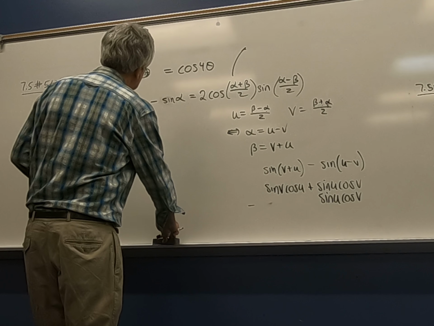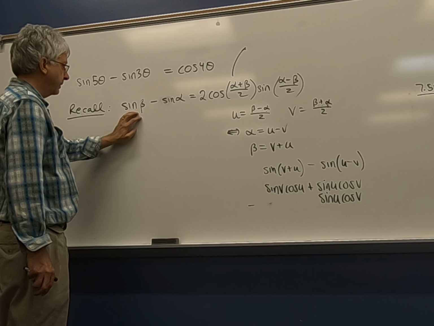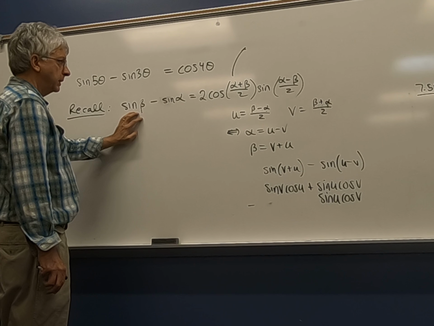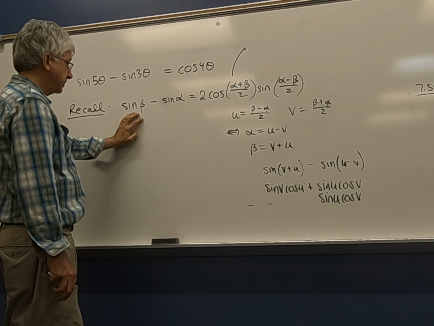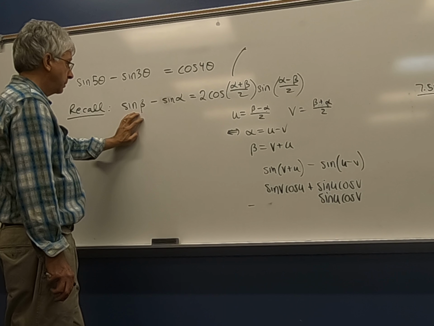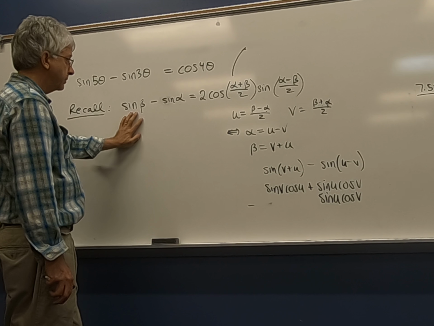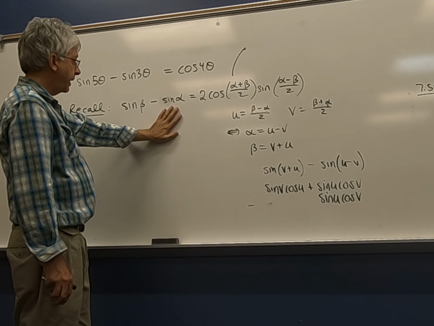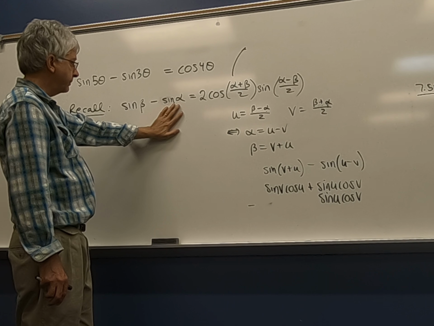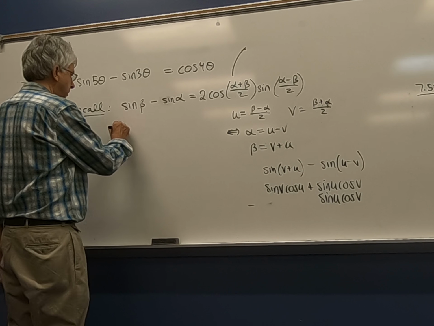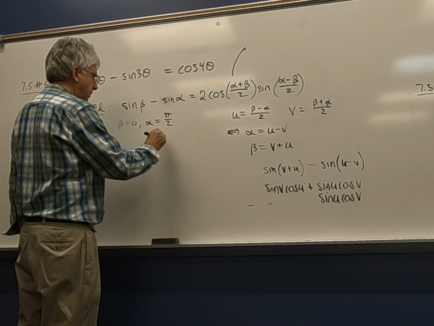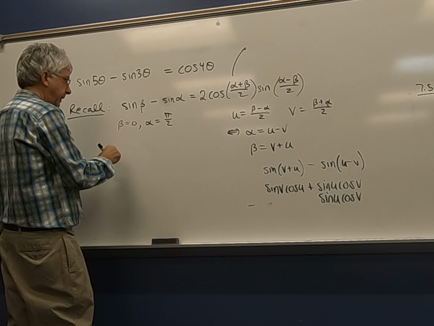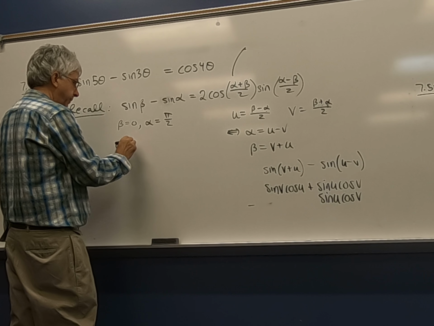Another way to check it would be to try different values of alpha and beta. Suppose they're 0 and pi over 2. If beta is 0 and alpha is pi over 2, then on the left side we'd get 0 minus 1, right?